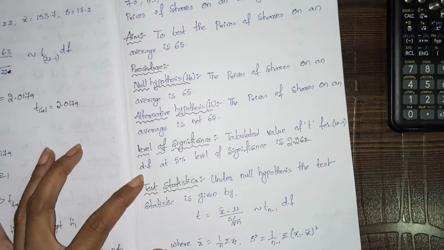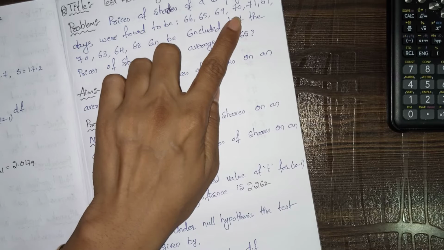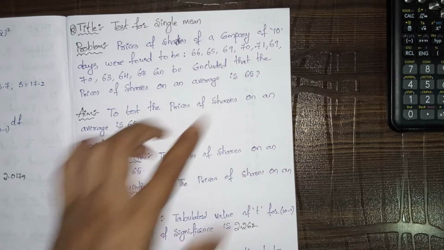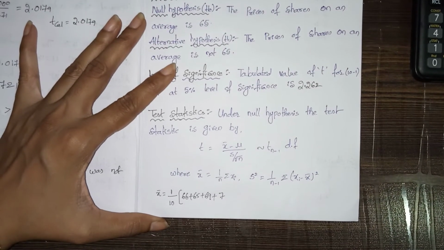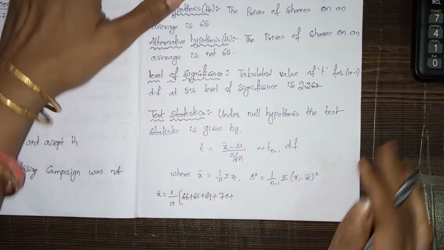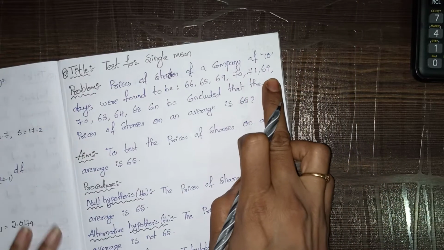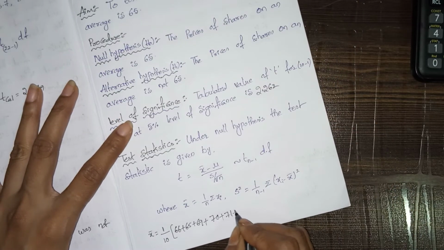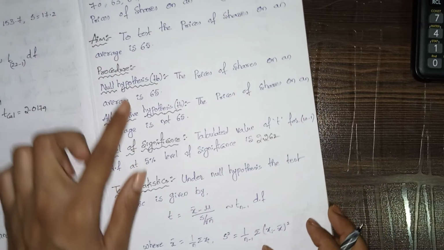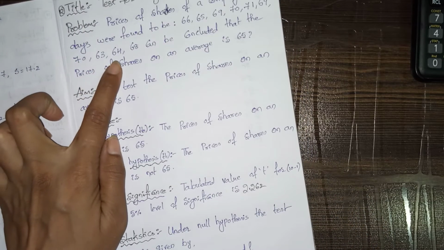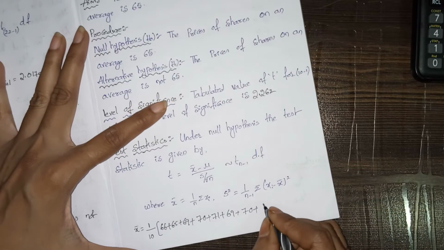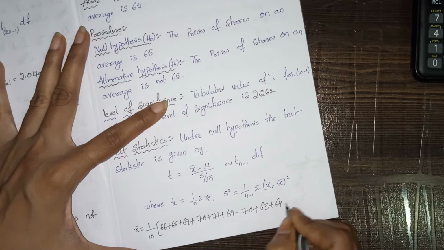66 plus 65 plus 69 plus 70 plus 71 plus 69 plus 70 plus 63 plus 64 plus 68.